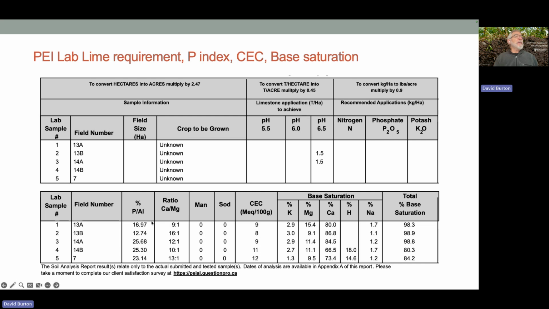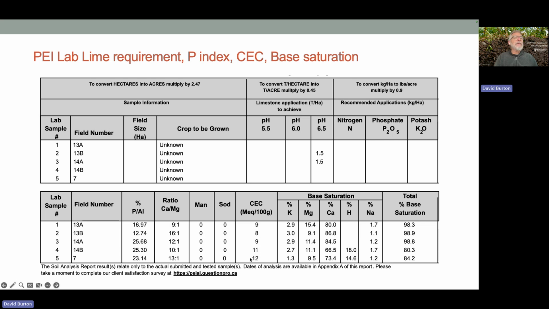And some of the other things you'll get here, particularly you're seeing more and more of this phosphorus to aluminum ratio. And when we talk about phosphorus, we'll talk about phosphorus aluminum fixation and how that influences phosphorus availability. Sometimes the calcium to magnesium ratio, that's a little bit controversial. In week 4, I guess, 4 or 5, we'll talk about base cations and the concept of sufficiency versus soil building.